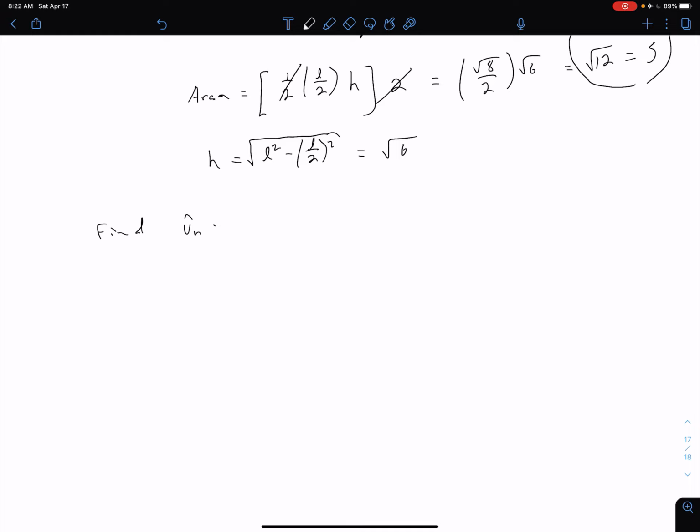So let's talk about a couple general equations. This is where it's just handy to know this type of stuff.